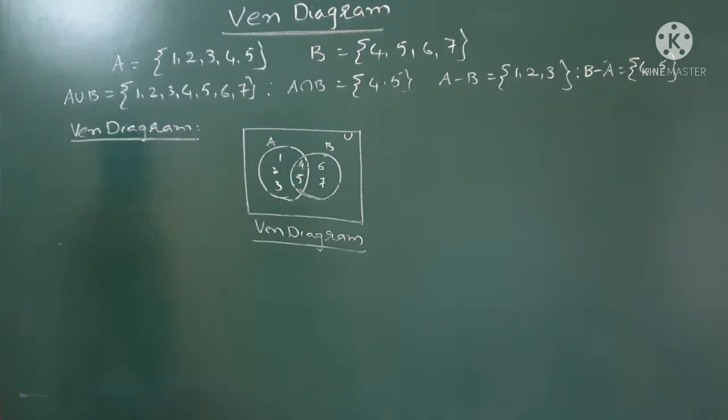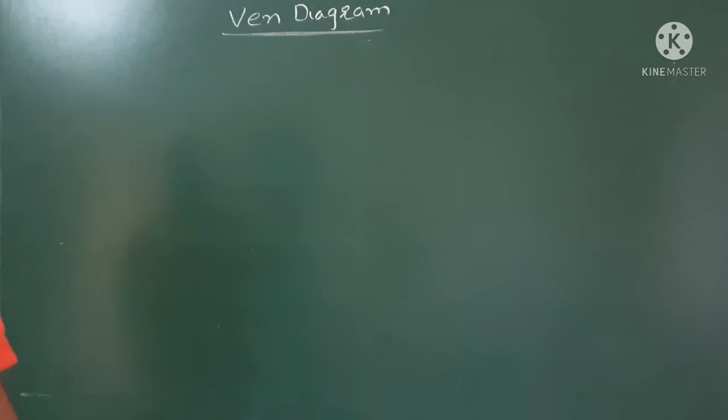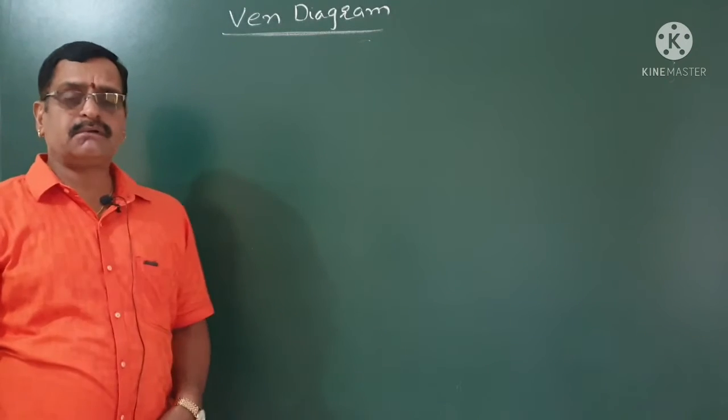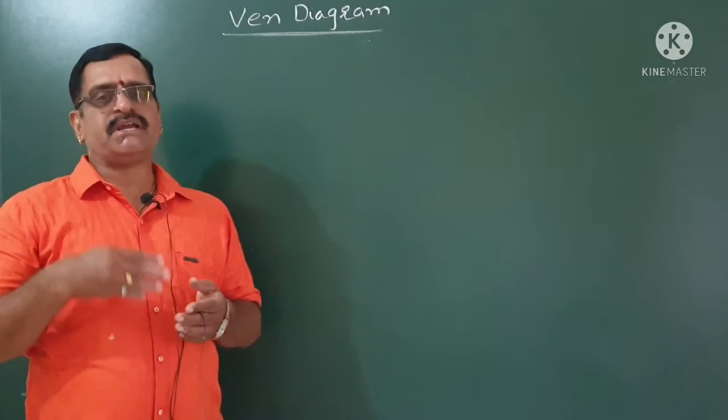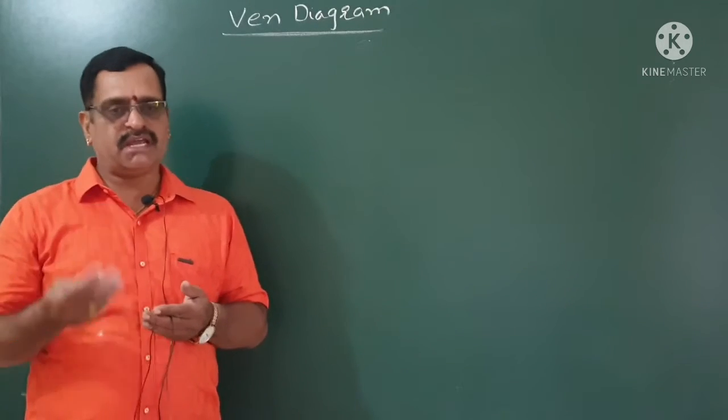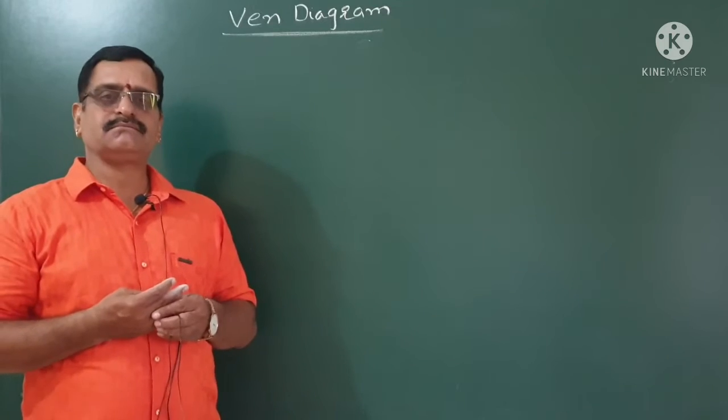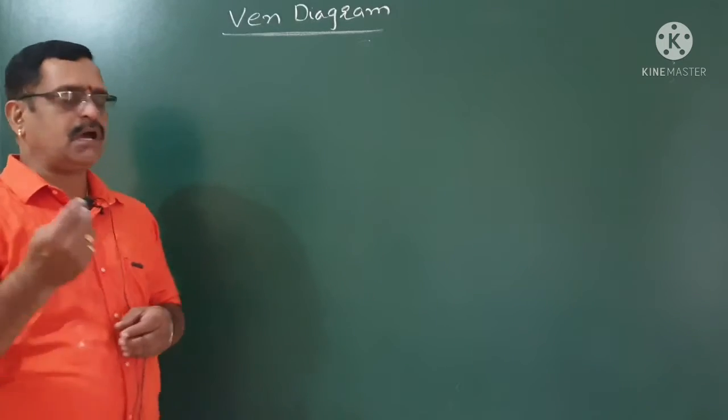Please write down. Now, generalization of A union B, A intersection B, A minus B, B minus A, complement, all these things in a Venn diagram. How?